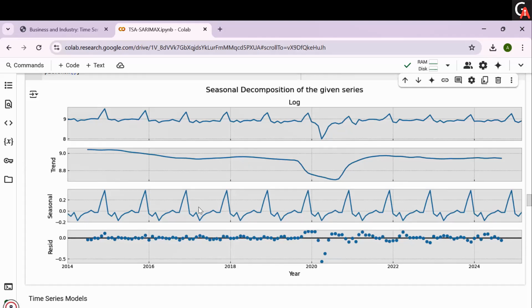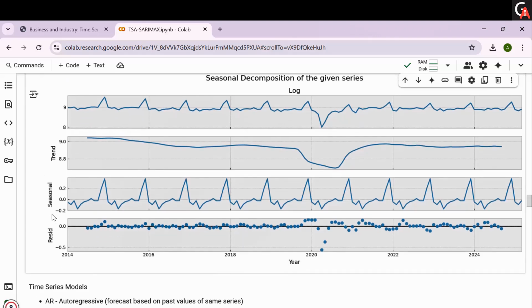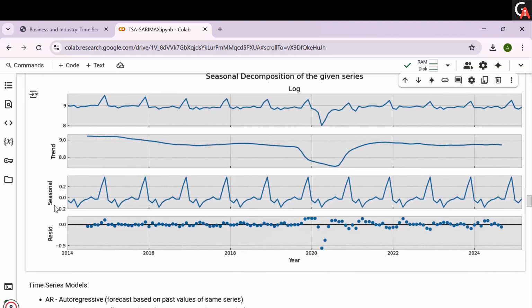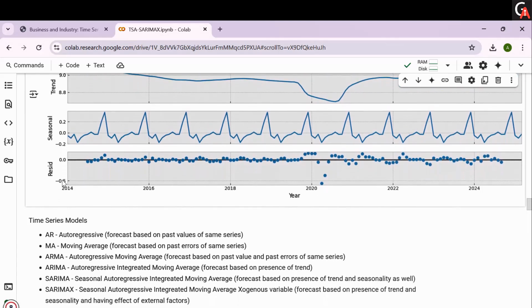So this series is seasonal over years. We have seen that earlier also. And the residual component, which means the noise or the error that is present in the data. So the seasonal decomposition has helped us to break down the series into these two important components, trend and seasonal. Now we have to choose a time series model for the analysis purpose.